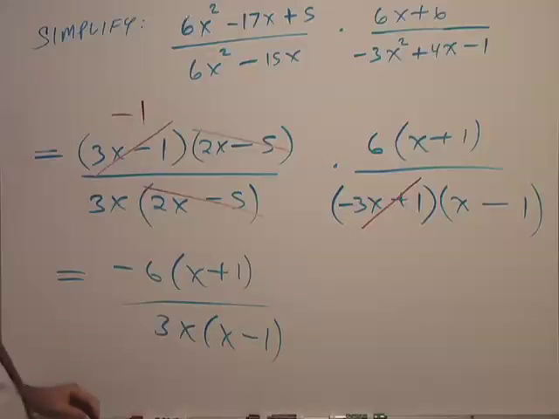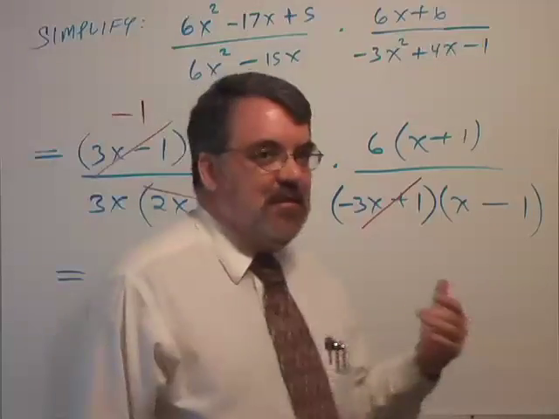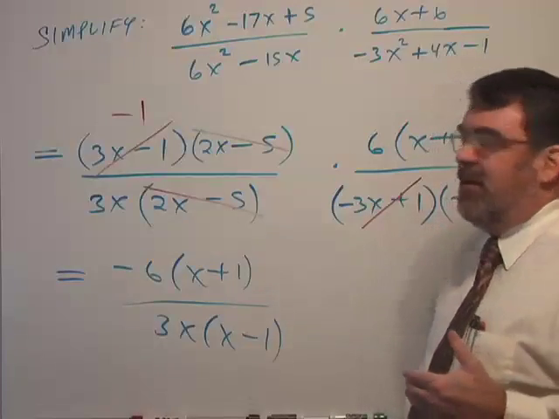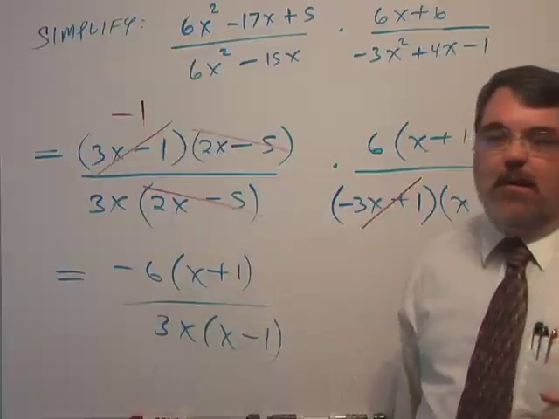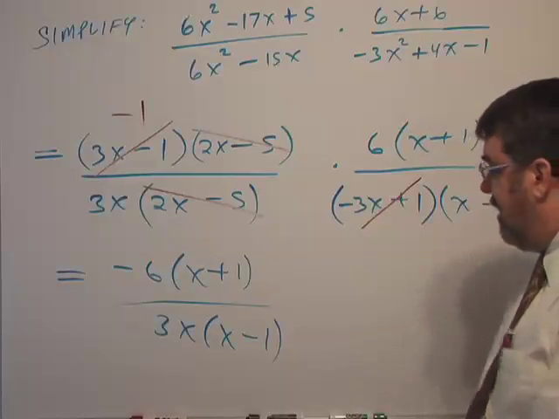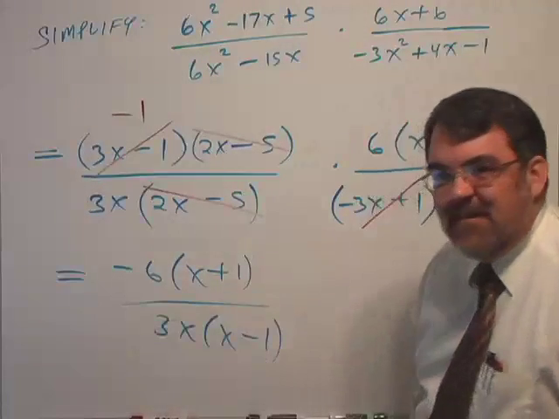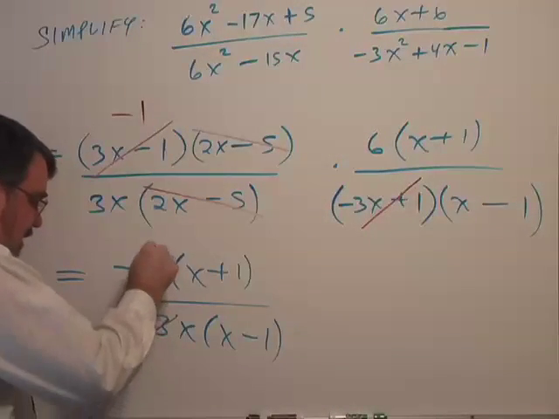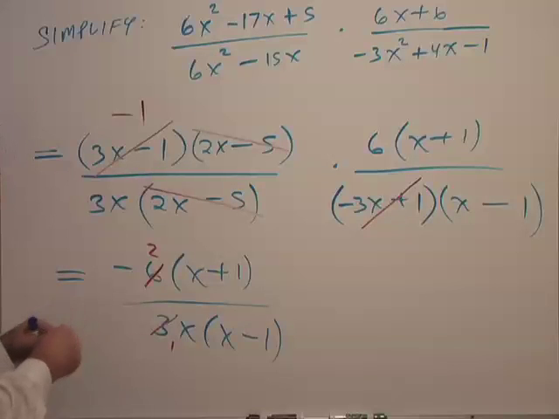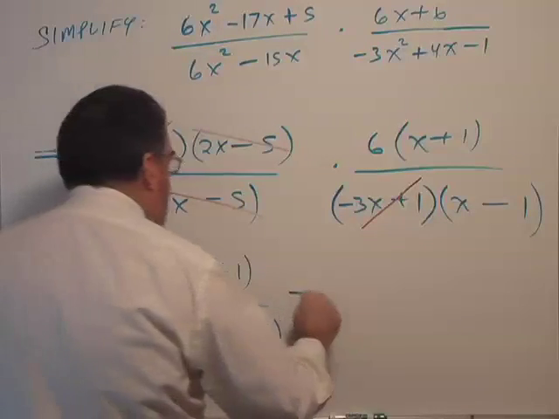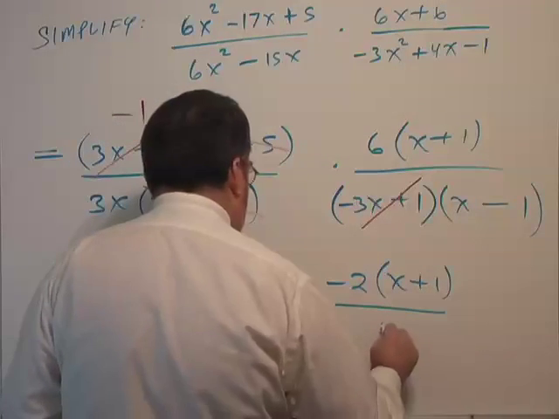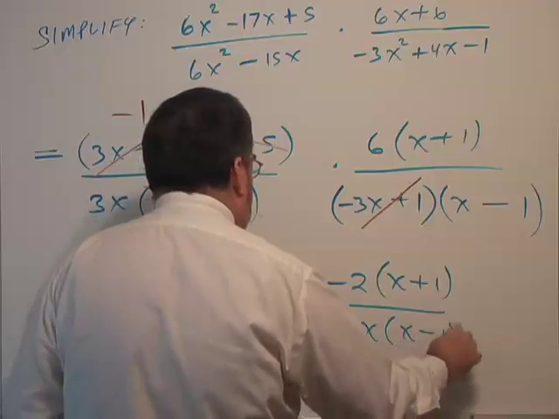And I would say probably at least half of students will stop here, because I've given problems similar to this, a little easier, on tests, and students like to stop there. But why am I not done? Because I can do a little more simplifying. The 3 cancels into the 6 two times, so now we have negative 2 parentheses x plus 1 over x parentheses x minus 1.